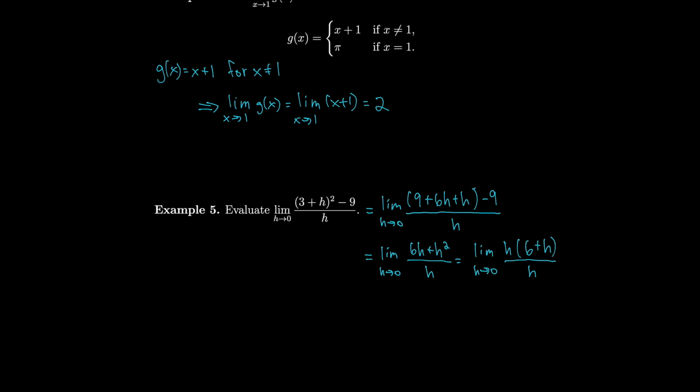Again, we're not looking at values of h where h is equal to 0, we're only looking at it nearby 0. So that means h cannot be 0, so we're allowed to divide by it. So it'll cancel on top and bottom. So this will just be the limit of 6 plus h. That's a polynomial, so we directly substitute and get 6.